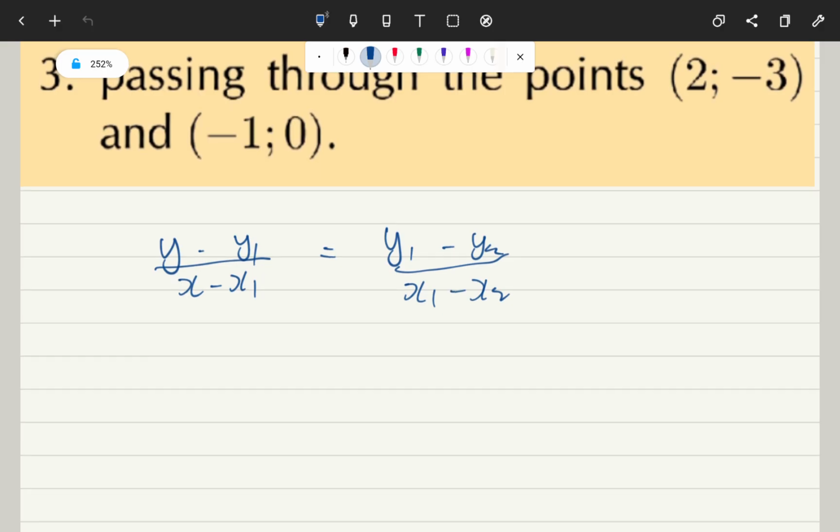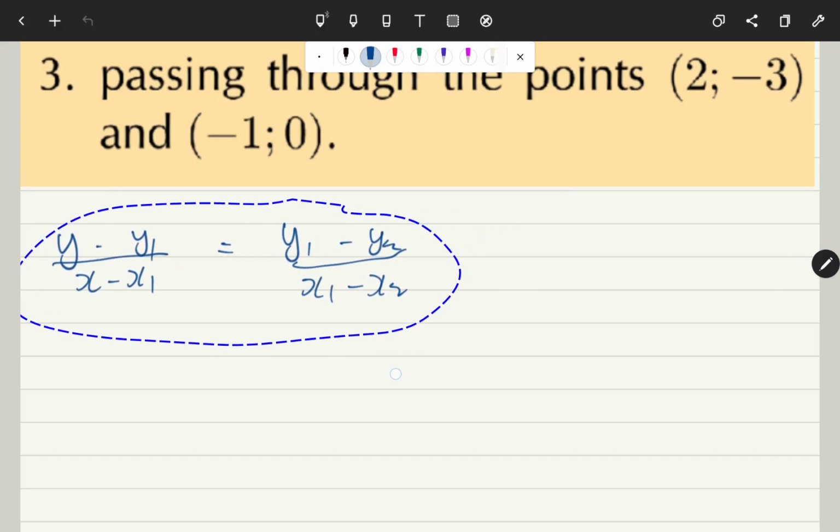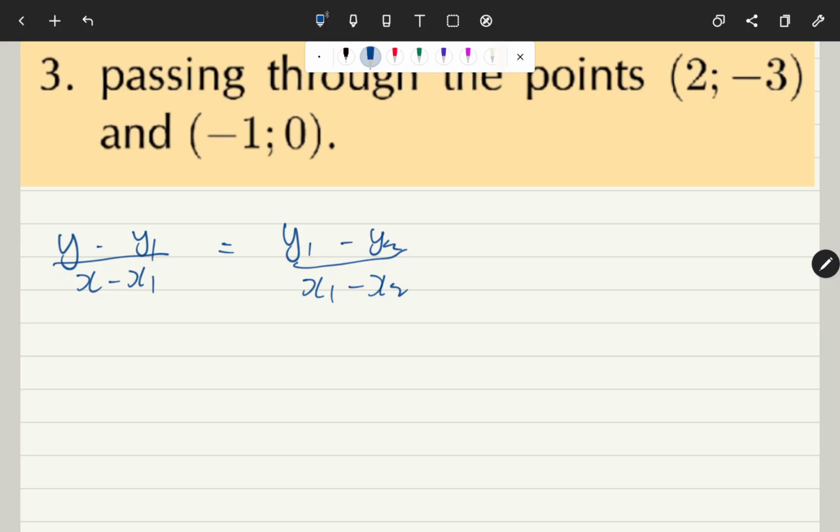I want to show you something. In the previous video, I was saying that whichever way you use the formula for your gradient, you're still going to get the same gradient. Maybe I can prove that to you right now. Say this is point 1 and this is point 2.